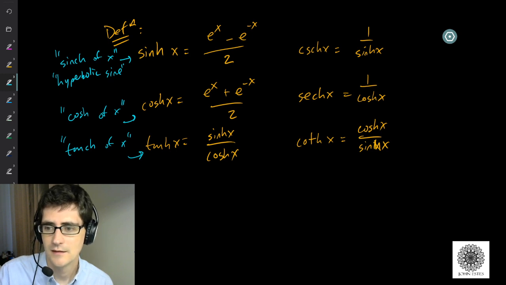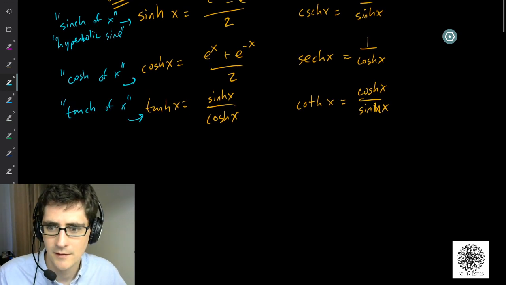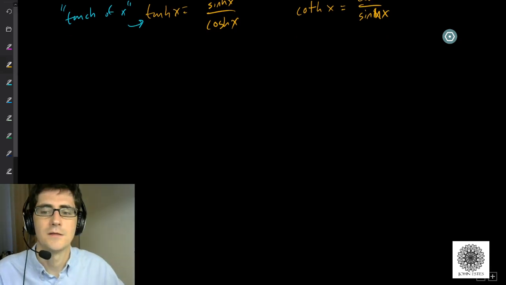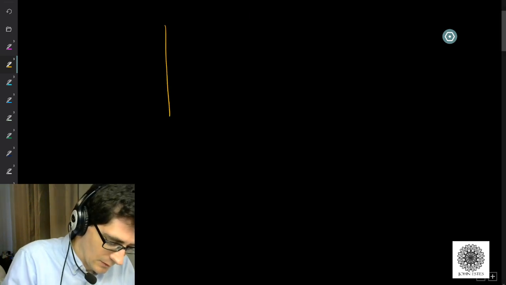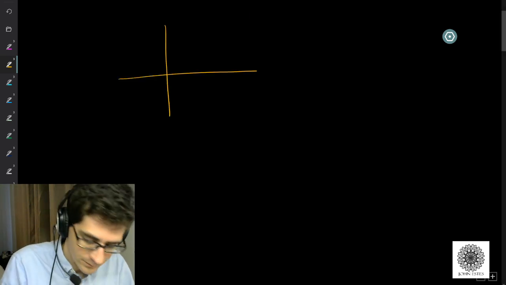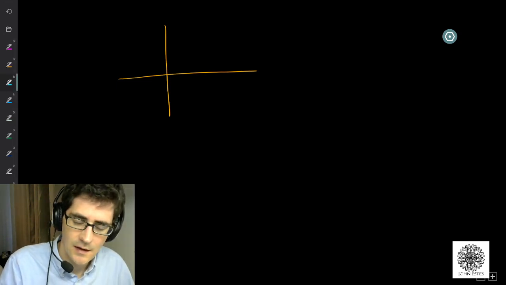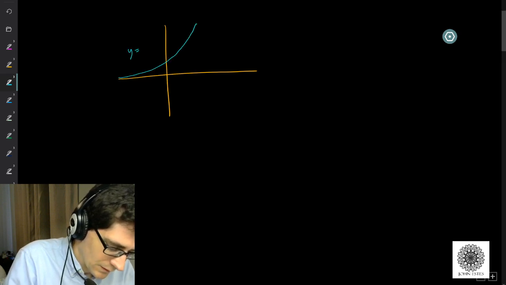Okay, and let me give you a quick look at some of the graphs here. I'll give you the graph of sinh and cosh, and as far as physical applications, cosh is usually what shows up the most. But anyway, let me show you. Okay, so I'm going to graph sinh first, and there's a couple of graphs I want to draw in here. So one is y equals 1/2 e to the x power.